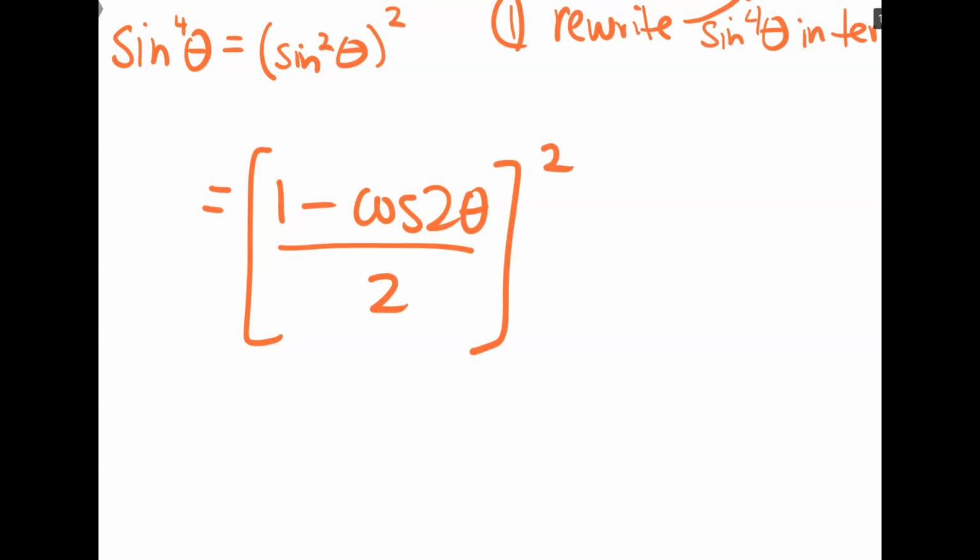So what I did was instead of saying sine squared theta, I put 1 minus cosine double angle over 2. Okay. Cool. Just want to make sure we're clear. All right, so now I actually have to distribute the square. Okay, so let's rewrite this.